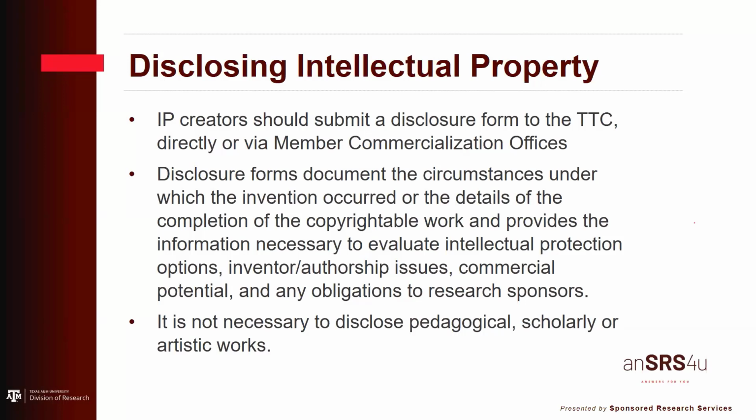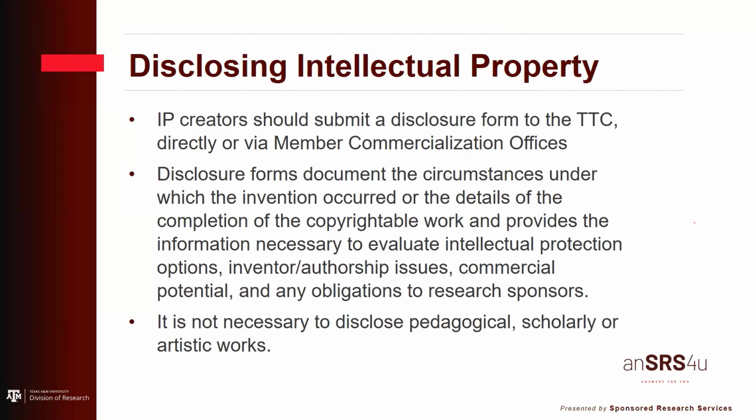All these are things that a licensing officer will review when they get the invention disclosure, and then usually contact the researcher for more information, because we're looking for two things. One is what the technology is, so we can try to understand what is novel here and what the true invention may be.